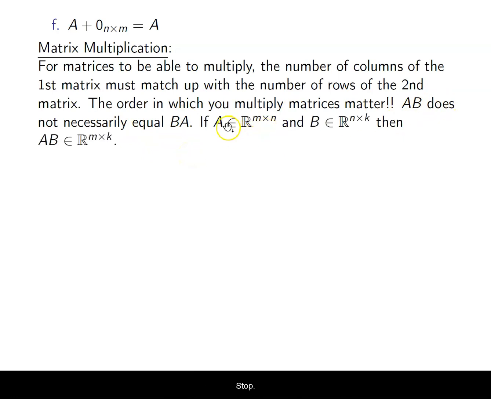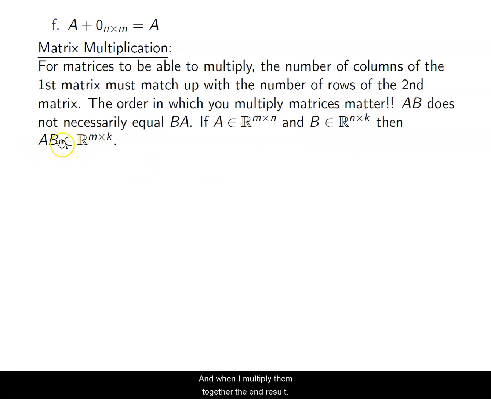Okay, most of the time this is true, that they are not equal to each other. Okay, so if I have a matrix A that has real values, that has dimensions m by n, so m rows, n columns, and B is a matrix that has real values and has n rows and k columns. So notice, the number of columns and the number of rows are the same, so that means that I can multiply them together.